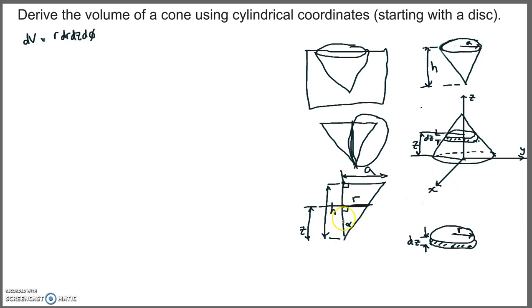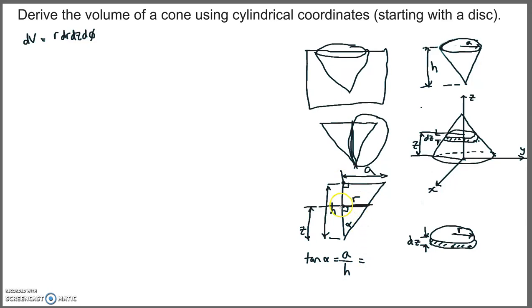So let's start with the big triangle. If you write tan alpha, that equals the opposite side divided by the adjacent side. The adjacent has a height of h.